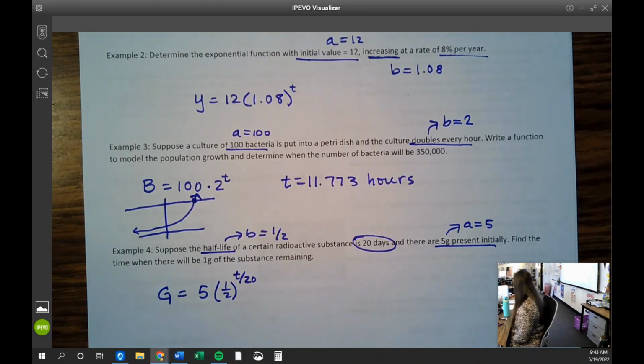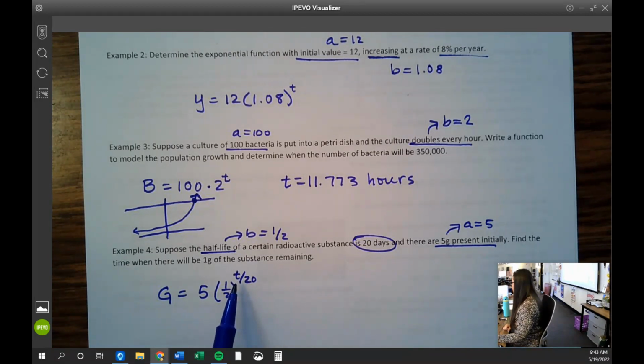Now, let's talk about why. If T is 5, let's say 5 days, it hasn't fully cut in half yet. It's not until T is 20.